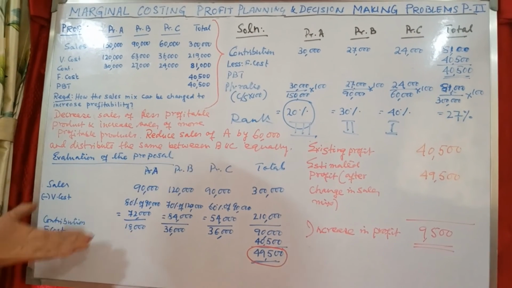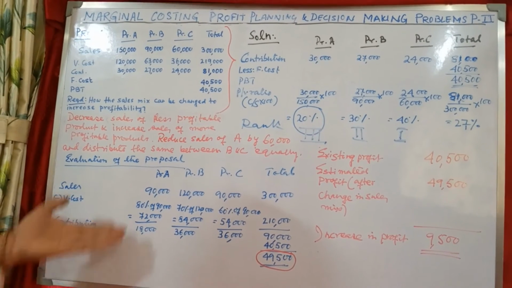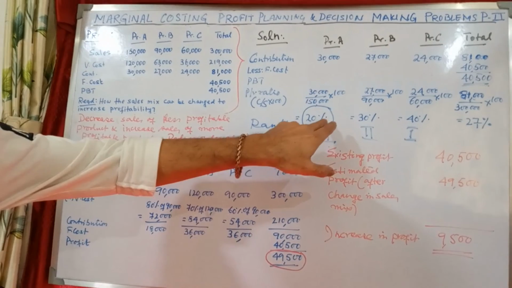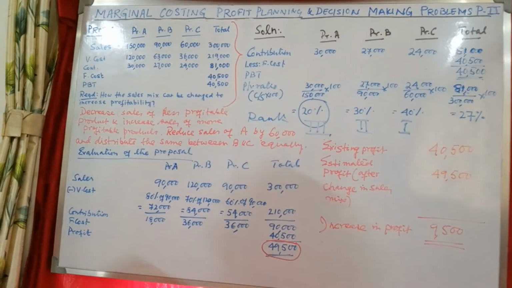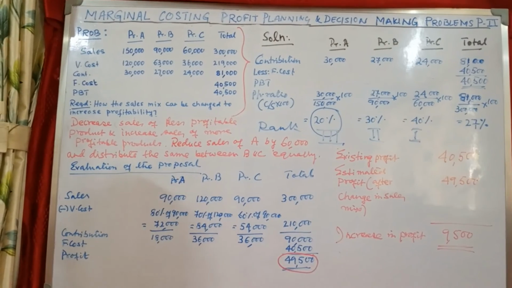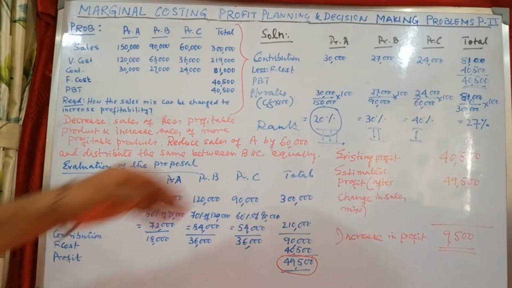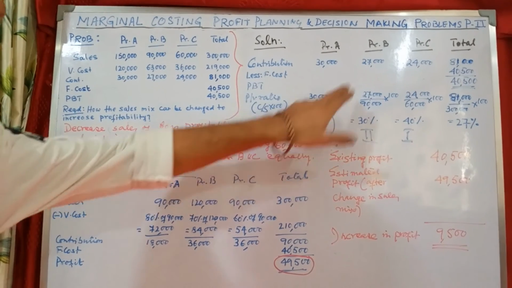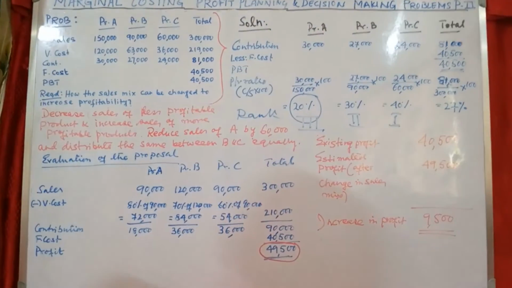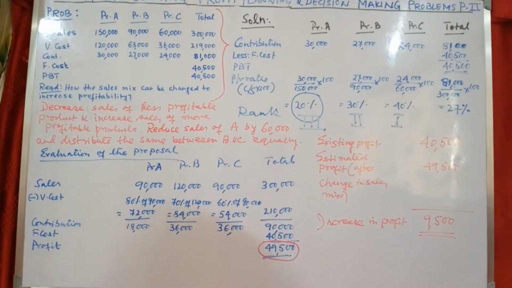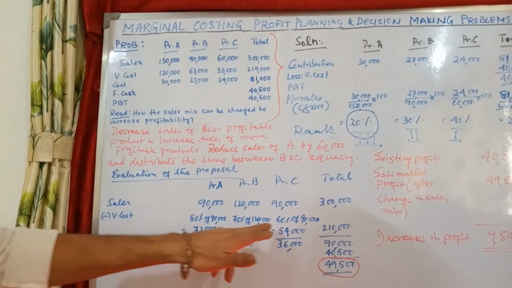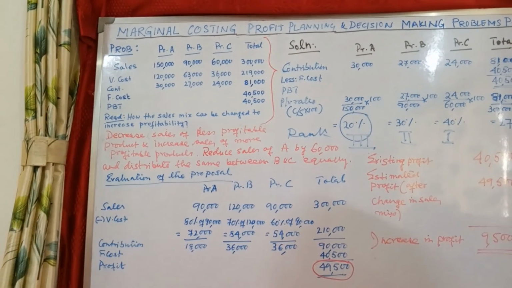We have deducted the estimated variable cost from estimated sales. These are the PV ratios, 20%, 30% and 40%. And we know that variable cost is complementary to PV ratio. So variable cost of product A is 80%, of product B is 70% and of product C is 60%. So we have found out the variable cost, 80%, 70%, 60% of the respective sales.